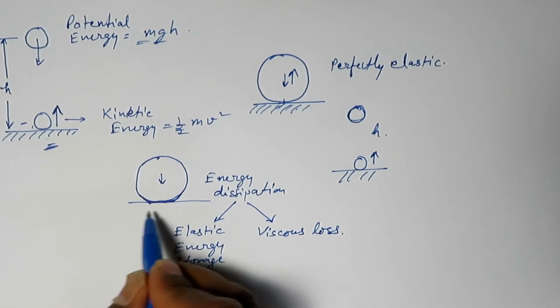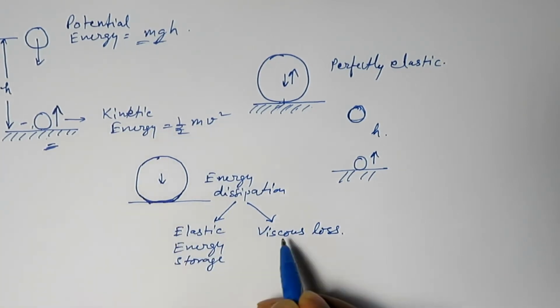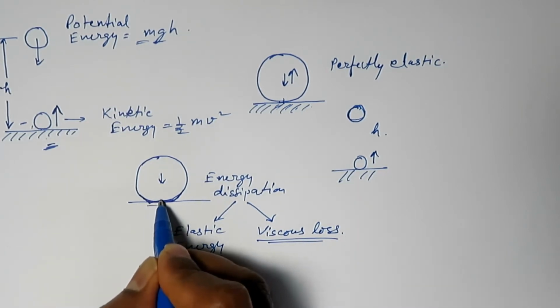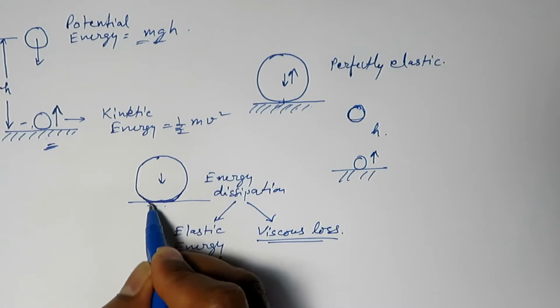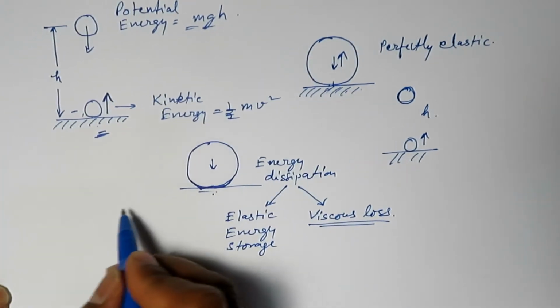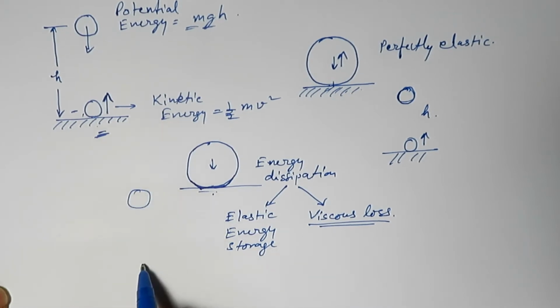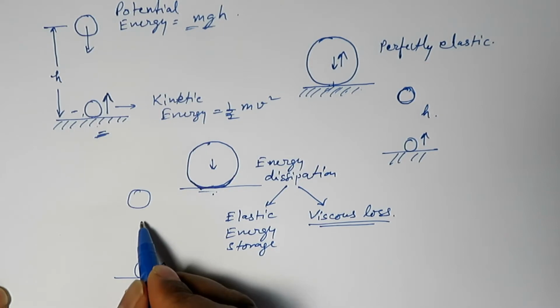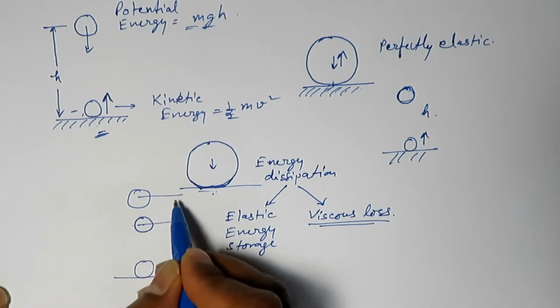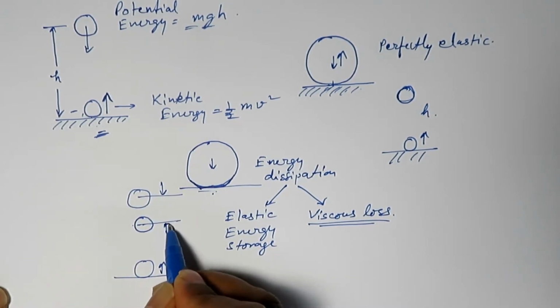The viscous loss energy is lost and cannot be regained, but the elastic storage energy as a result of strain in the ball will be regained. Therefore, for a contact where either the ball or the surface is viscoelastic in behavior, during bouncing back, the ball will not regain the same height.